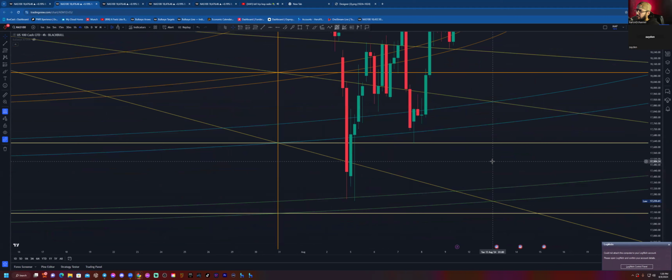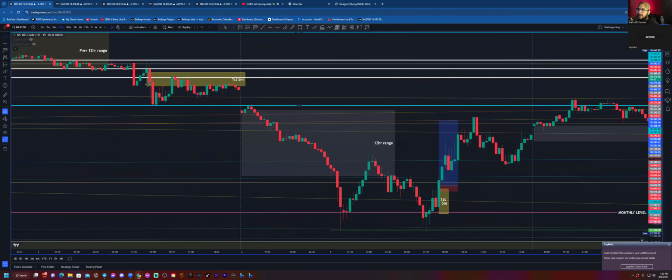So I have to show you how to get that arc on there. All right, so we're going to watch these Gann levels, the map levels.